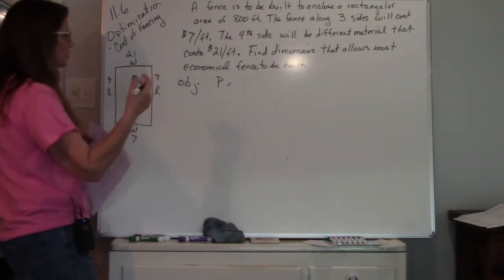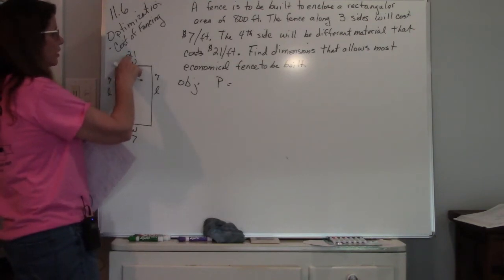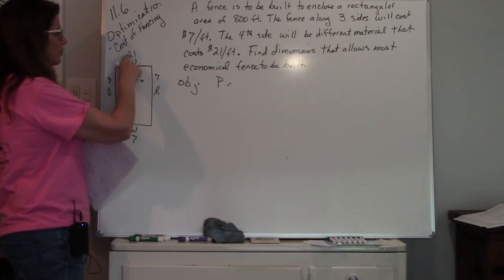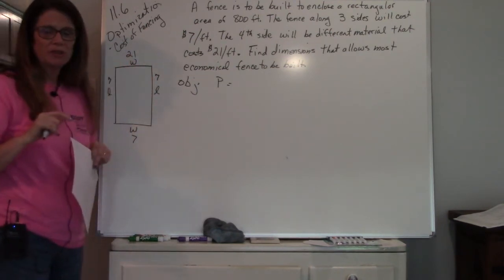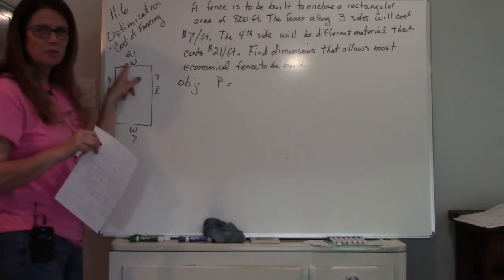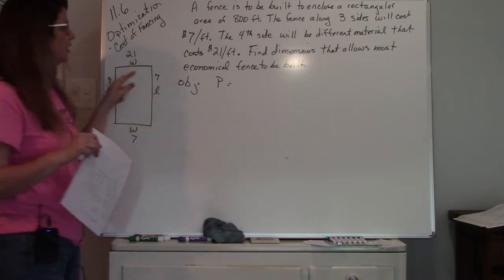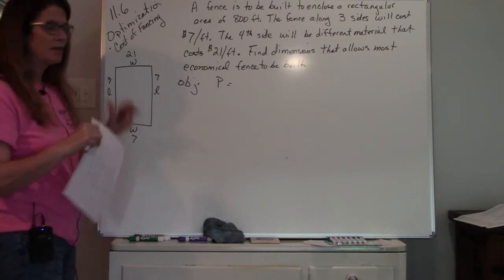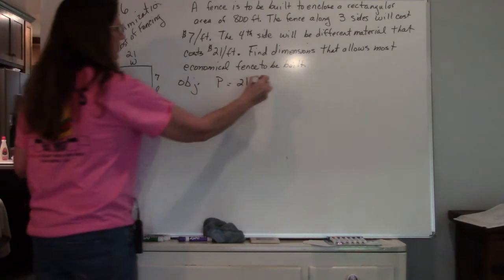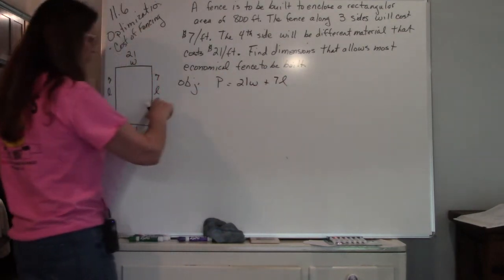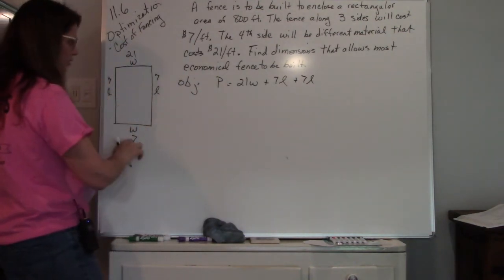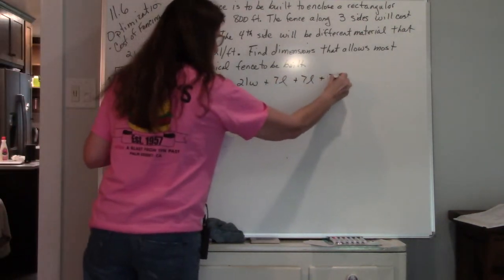Well, because we're dealing with cost, it's going to cost $21 per foot. So our width is going to be 21 times whatever the width is. So if our width is 2 feet, the cost is going to be 21 times 2. If our width is 7 feet, the cost is going to be 21 times 7. So we have 21 on the width, plus 7 on the length, plus another 7 on the length, plus another 7 on the width.